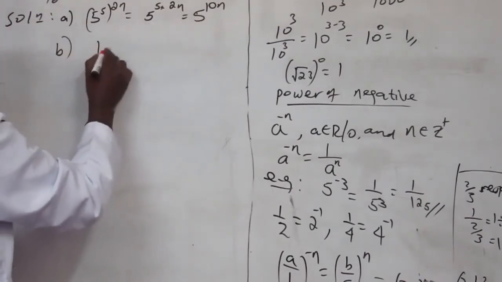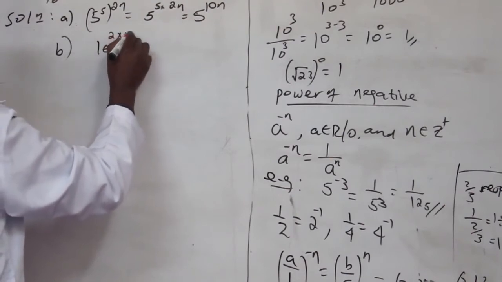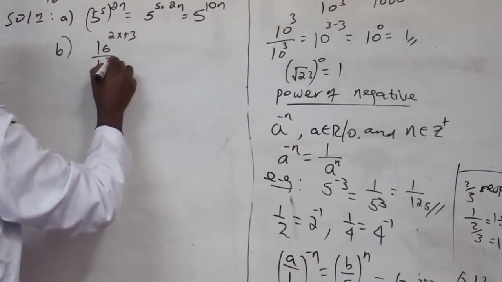B, 16 to the power of 2x plus 3 over 16 to the power of 2x minus 3.